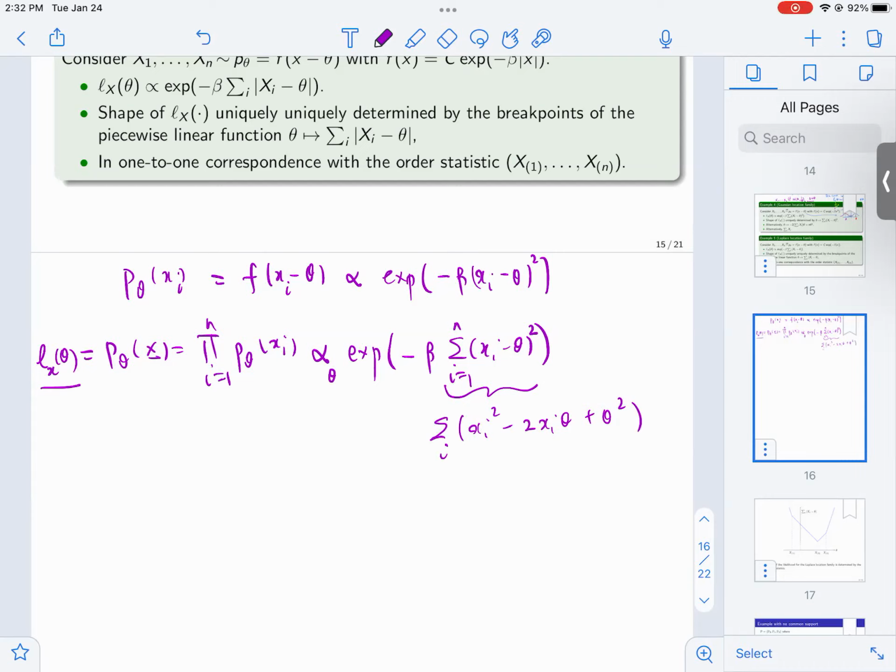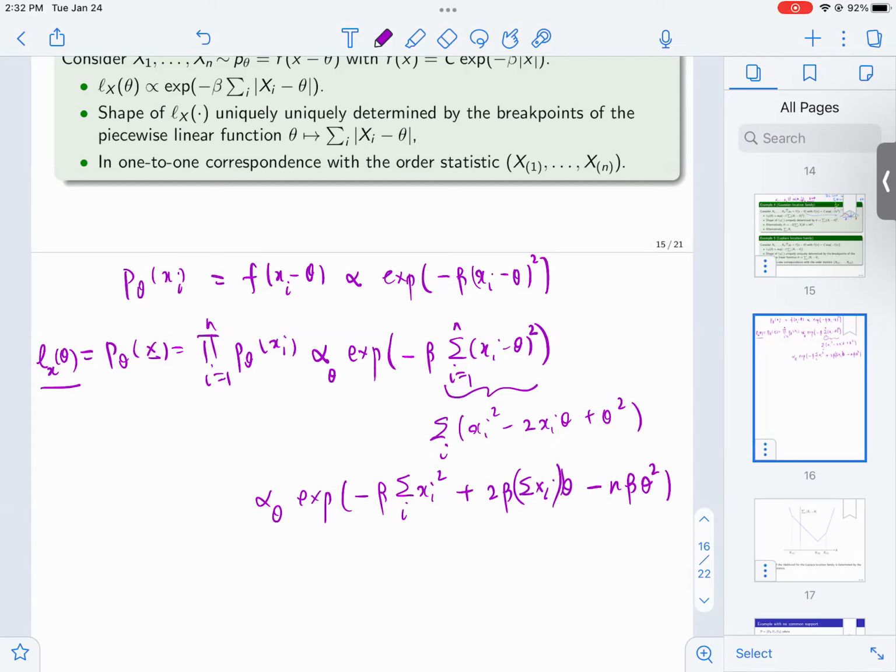So you get e to the negative theta times the summation here, x minus beta summation of xi squared plus 2 beta summation xi theta minus n beta theta squared, if we haven't made any mistakes.